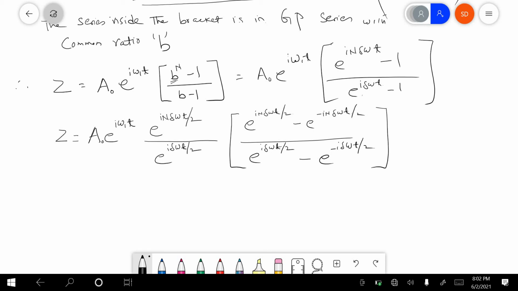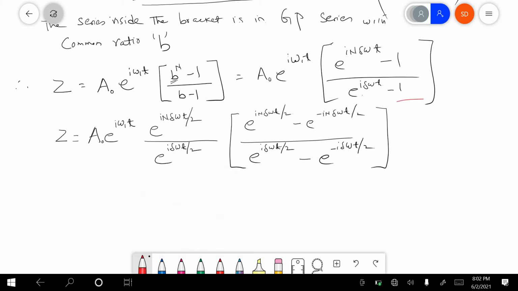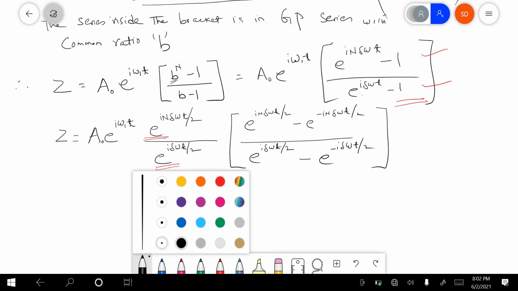Okay, so what we are doing here is, from this expression we are taking e to the power i n del omega t by 2 common from the numerator, and from the denominator we are taking this term as common. Why are we taking it? For our convenience, we'll get to know why.